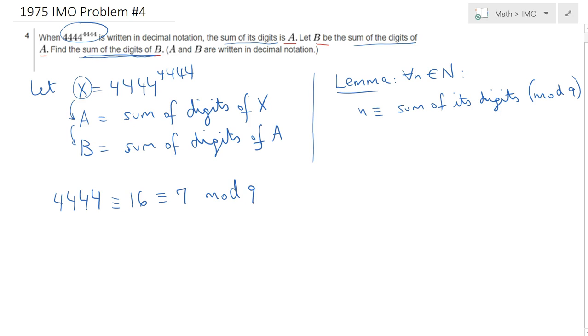So before I do a further trick, let's further consider this one raised to the third power. Why do I do that? Because this is just equal to 7 cubed, but 7 cubed in mod 9 is just congruent to 1.